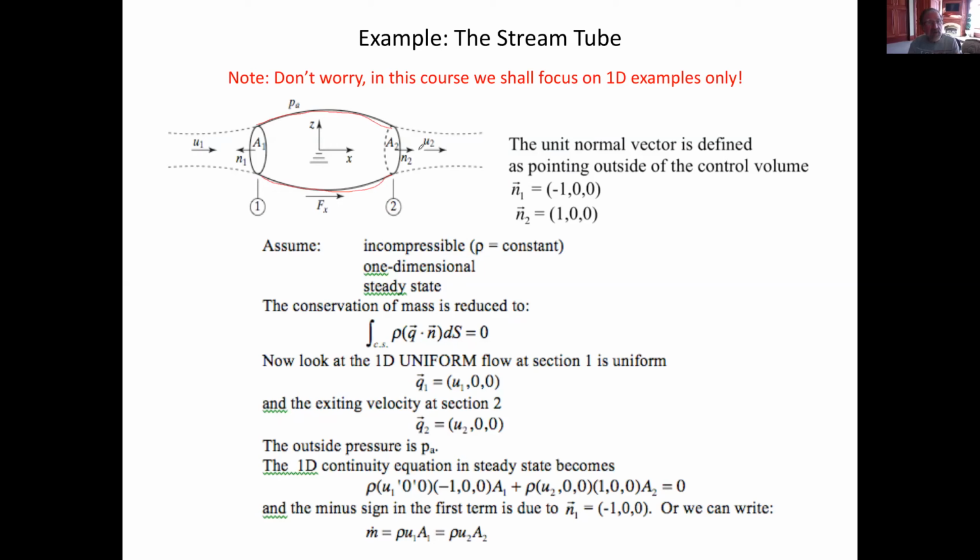Because of the different velocities and pressures, this object wants to move. So in order for it to stay stationary, there must be some shear force on it, maybe acting in the other direction, which is holding it in place.